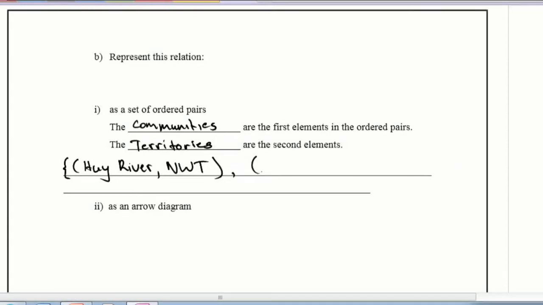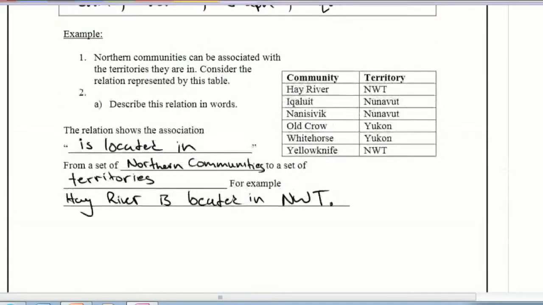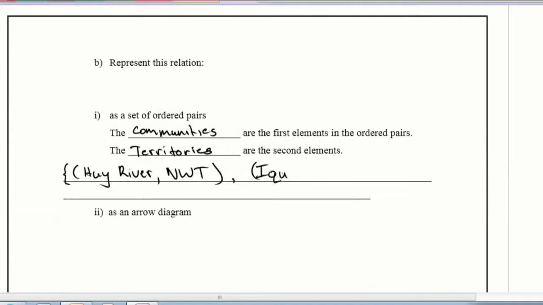The next one represented is Iqaluit. Make sure I spell this Q-A-L-U-I-T. And Iqaluit is in Nunavut. Close that bracket. Try to fit one more on this line. The next one is, I'm not even going to attempt to pronounce this. Maybe I should.